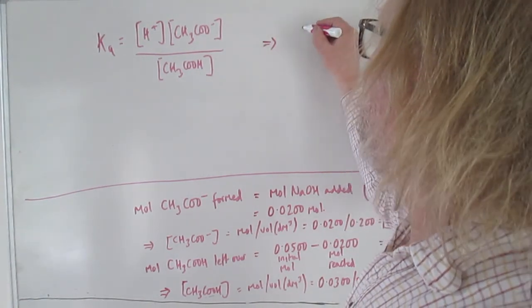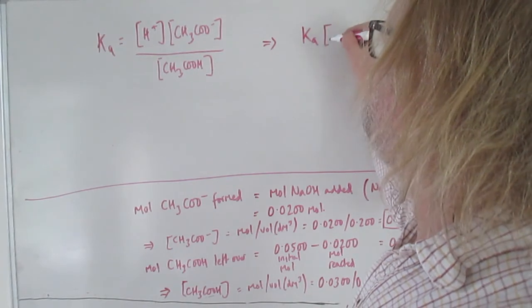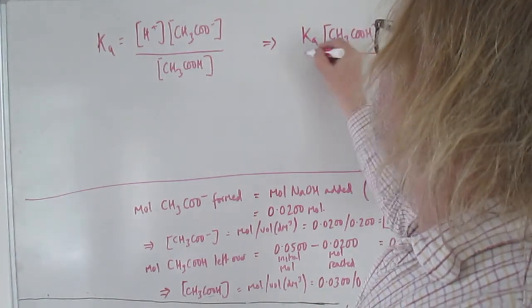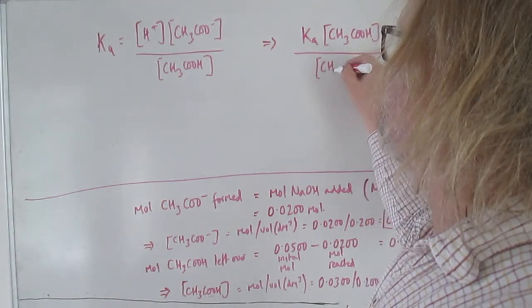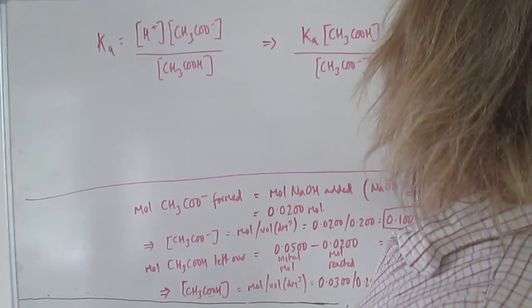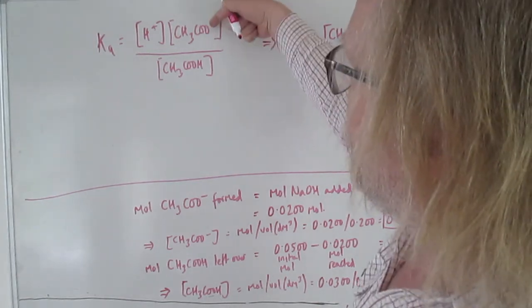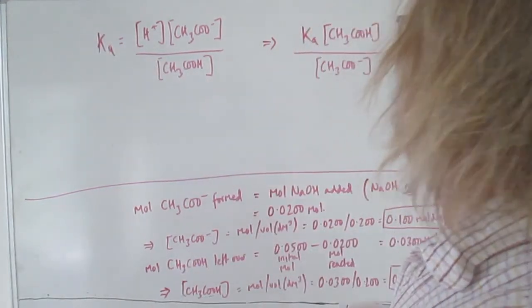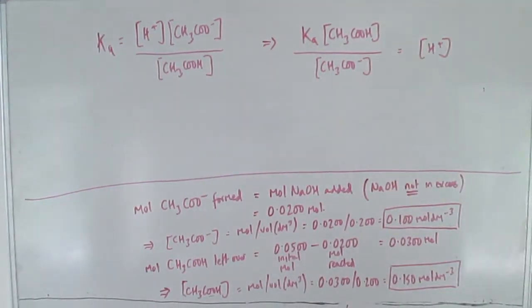So we get that Ka times ethanoic acid concentration divided by the ethanoate concentration is equal to H plus. That's just sliding that term diagonally down there, that term diagonally up there, to give you that expression, and we can plug the numbers in.